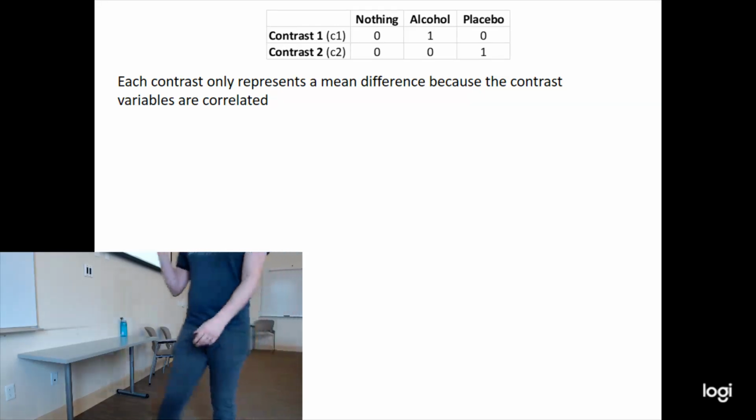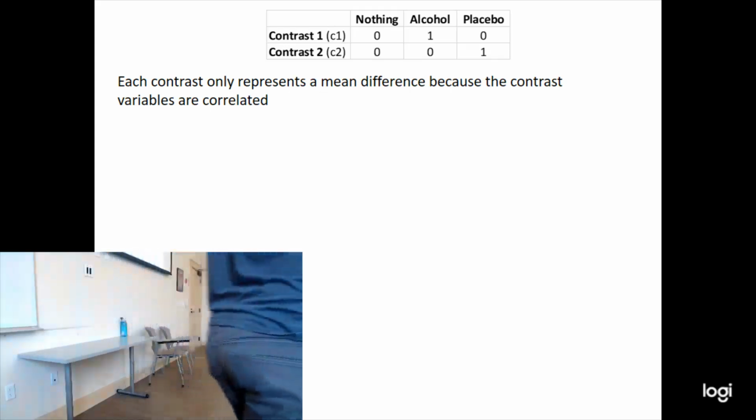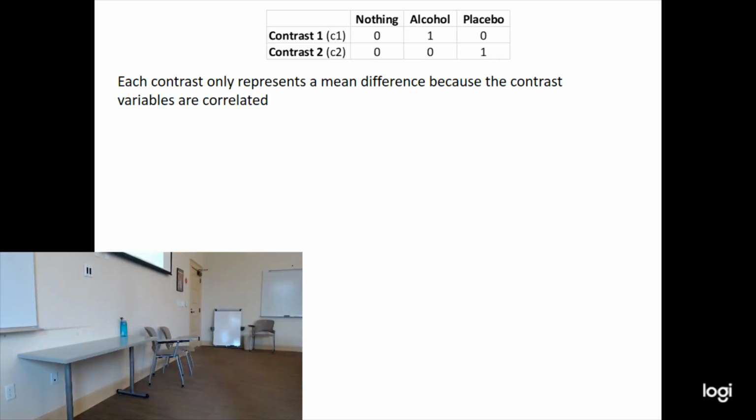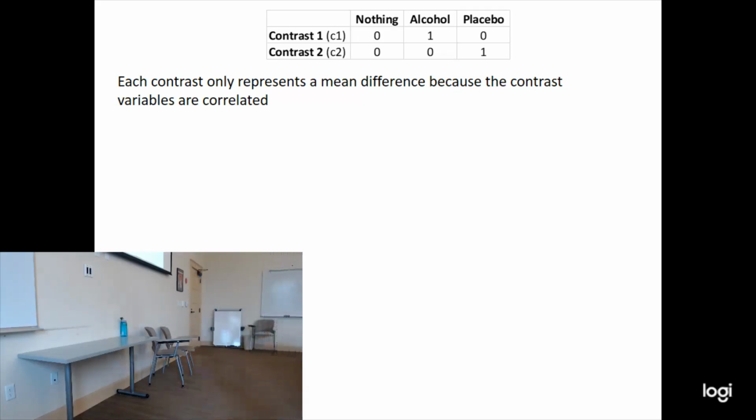And the reason that's true relies on the fact that as a set, the contrasts are correlated with each other. They're not independent. And so under the hood, when you interpret these coefficients, you have to adjust for, subtract out, the effects of the other contrasts.